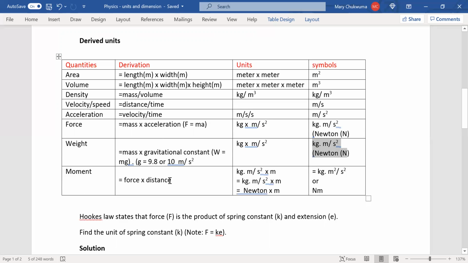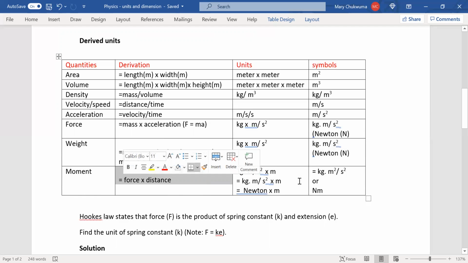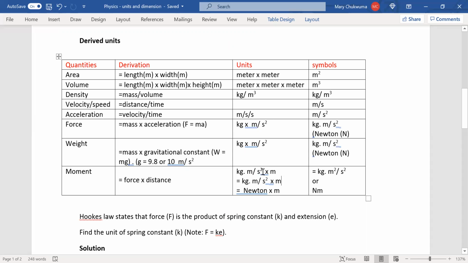So moments can be calculated using force times perpendicular distance. Okay, so force, as we can see above, can be calculated using kg meter per second square, times the distance, and that will give us this.